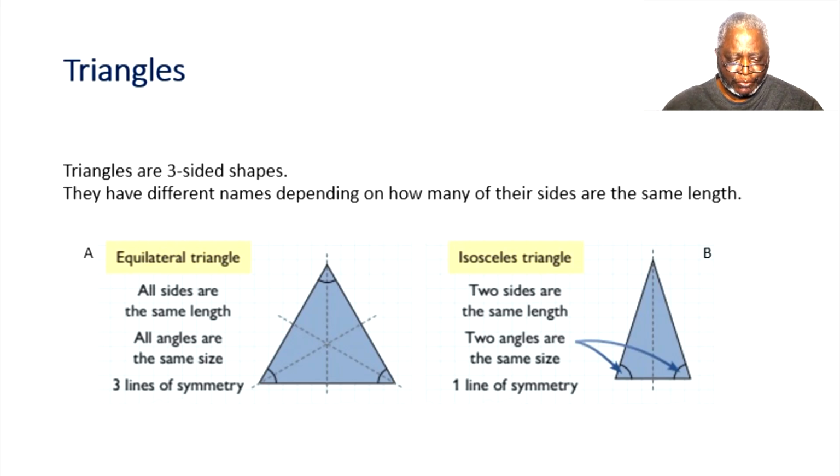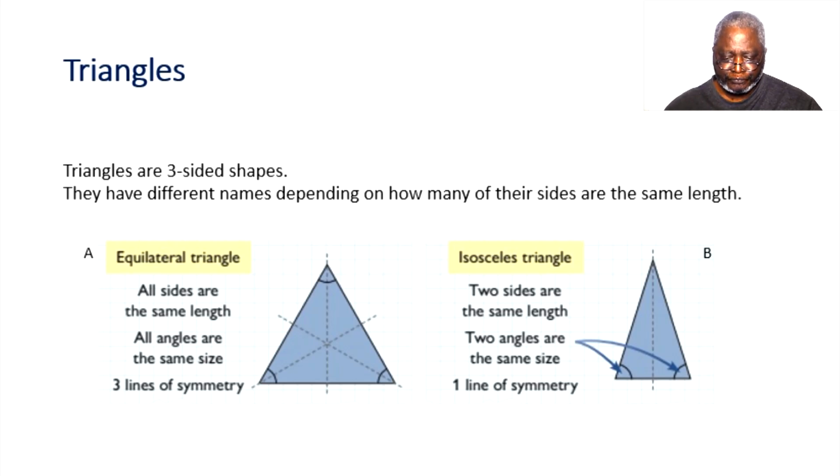An equilateral triangle has 3 lines of symmetry, as you can see drawn on the diagram in front of you. Then you have isosceles triangles, which have 2 equal sides and a base which is not the same size. The 2 angles at the base are equal, and it has 1 line of symmetry.